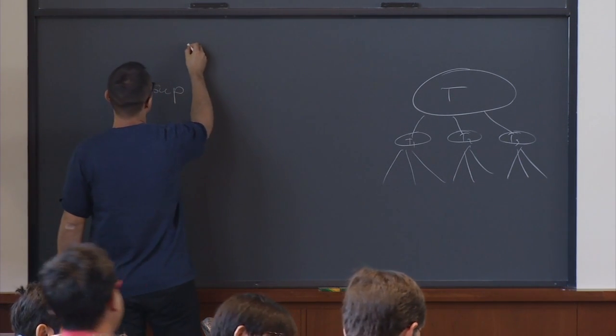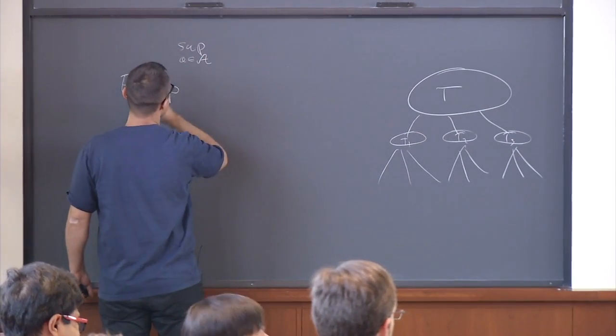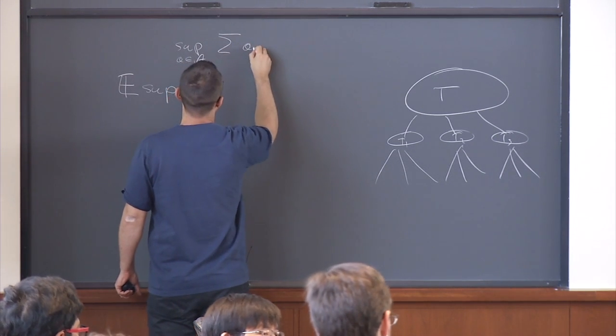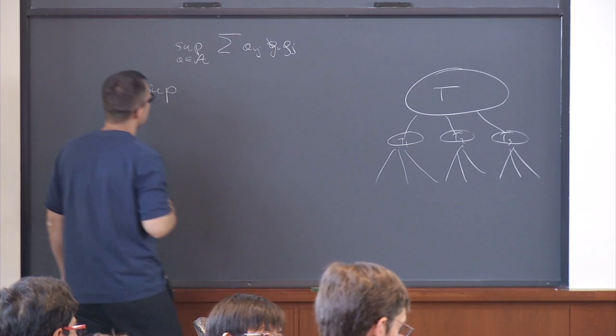Let's imagine that we are looking at the supremum over A in some set 𝒜 of some sum of a_ij g_i g_j, right?